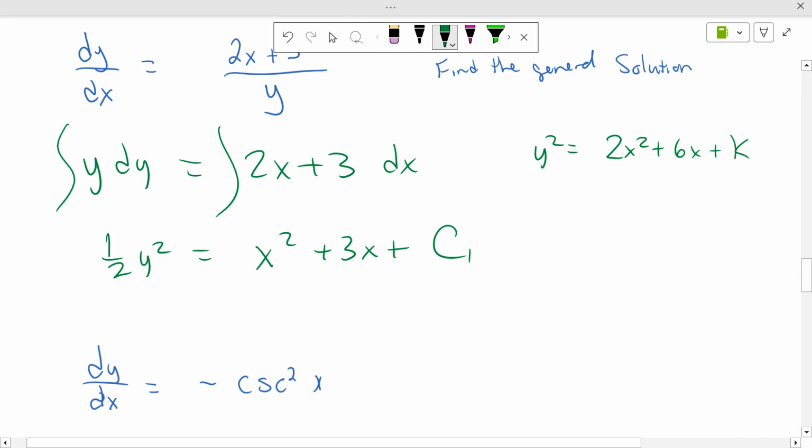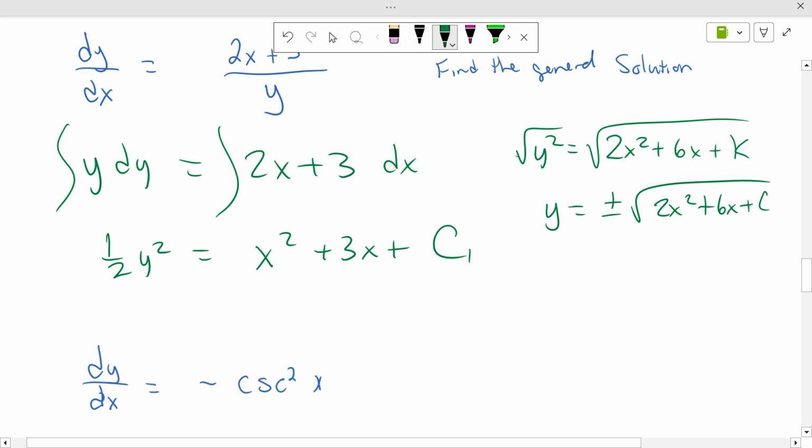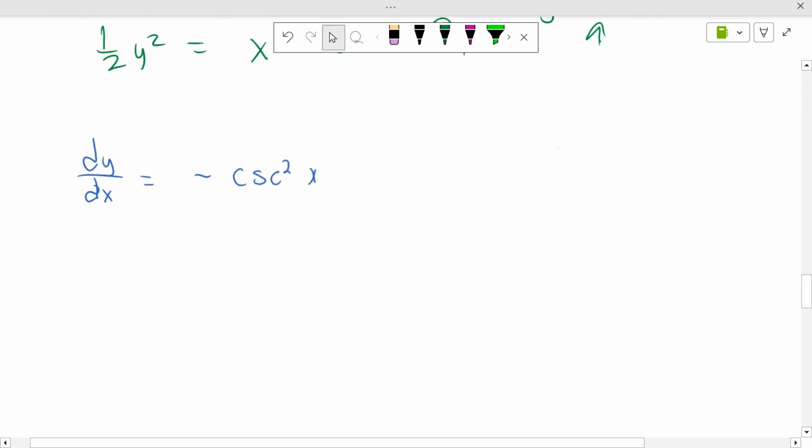Also a constant. And then take the square root. So y equals plus or minus the square root of 2x squared plus 6x plus c or k, whichever they choose to put in there. Remember, there's a plus or minus there.